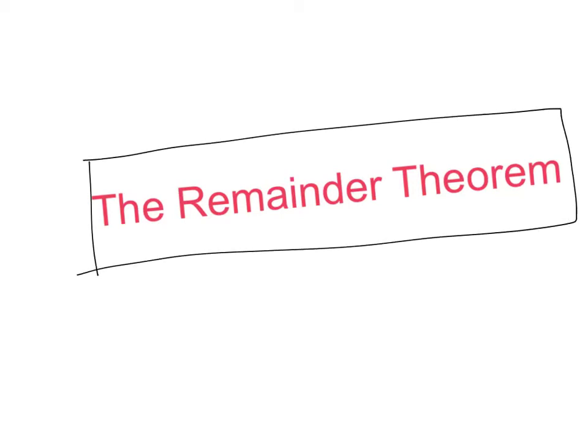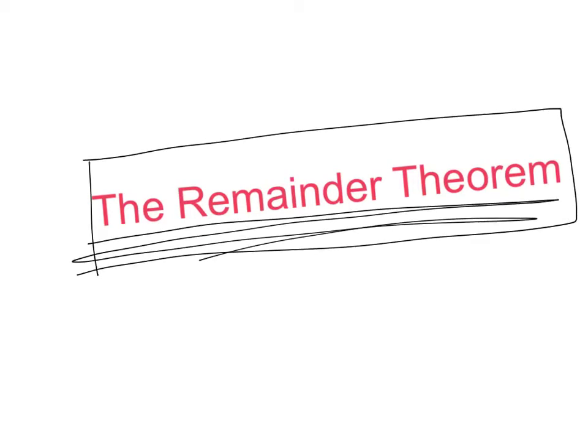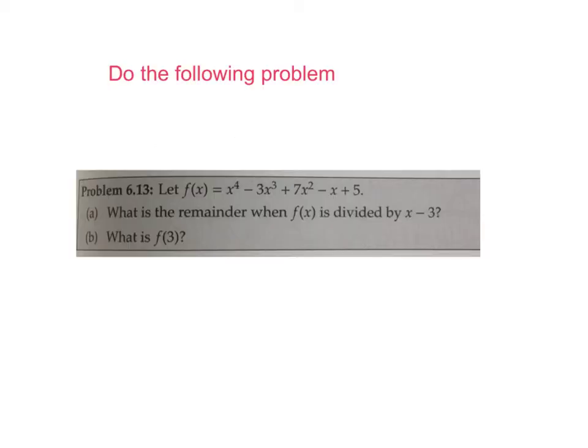All right, the remainder theorem, just something important. It's a helpful way for you to think about doing some algebra a little bit faster. So let's say that we divide this function by x minus 3.